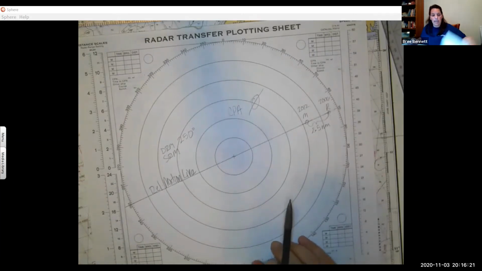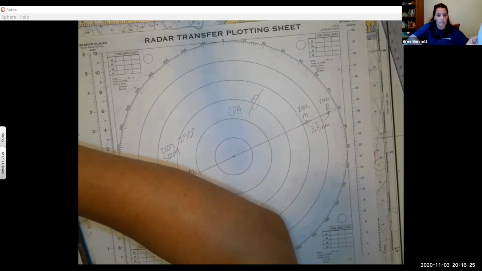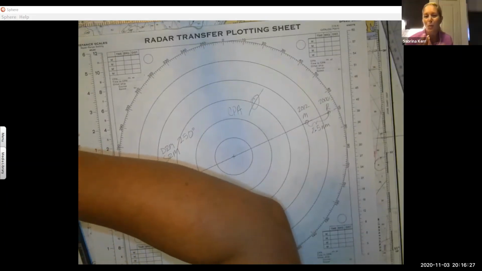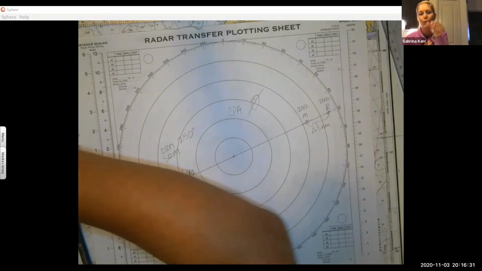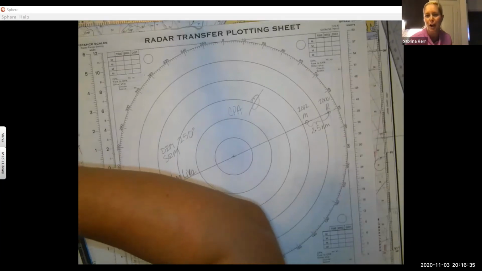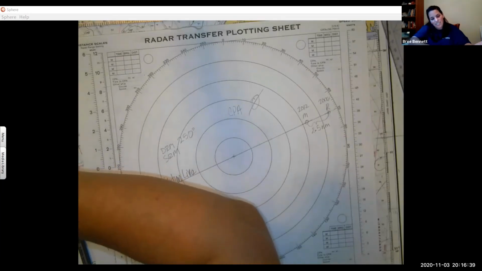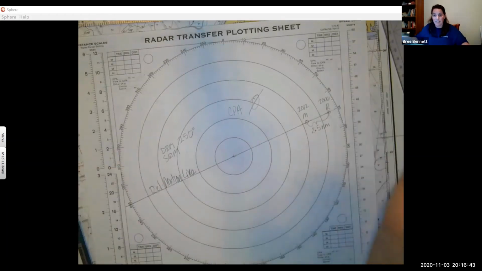I understand you measured and then you moved to that little scale to get the 2.5. I'm just curious what the logic is behind 2.5. So all of our assignments here are going to be on the 12-mile scale.